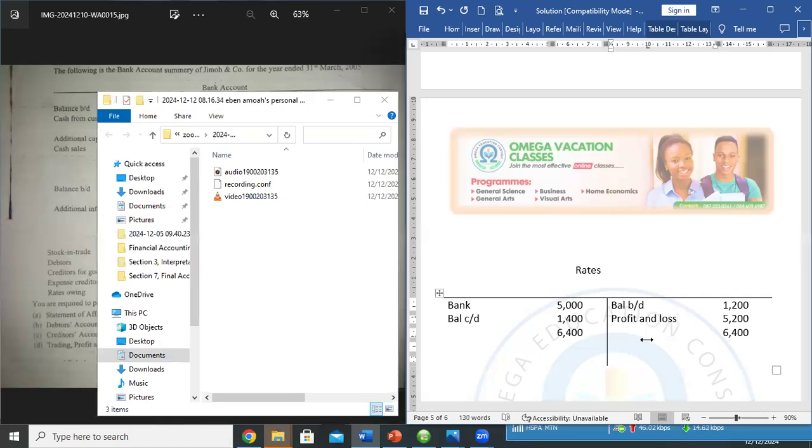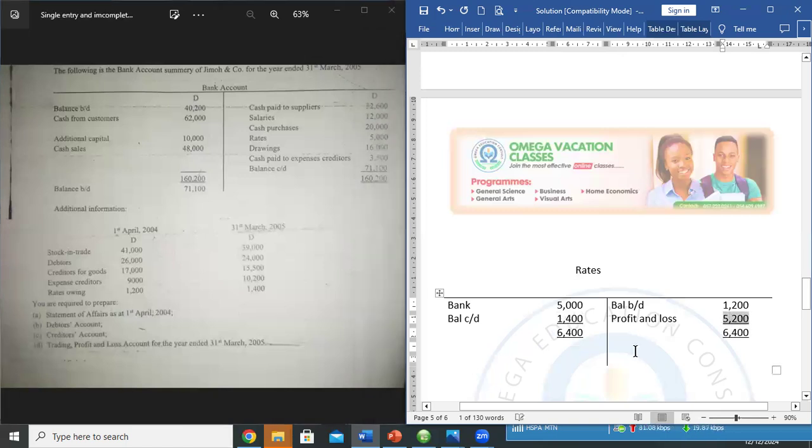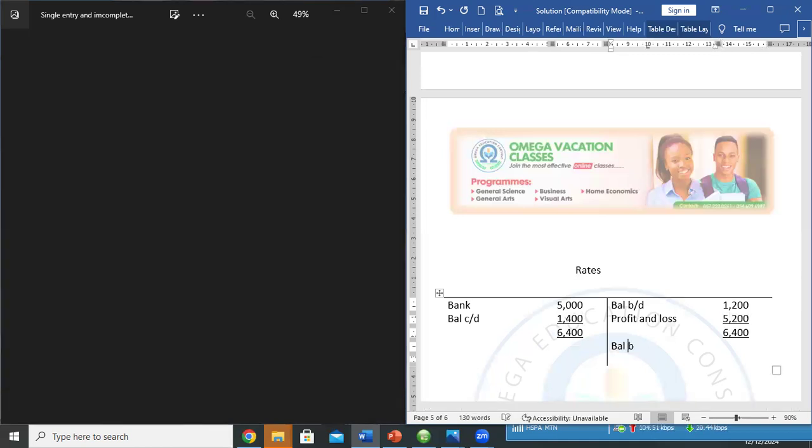Okay, let's finish up the account with the necessary underlining and bringing down the carry down. So balance brought down 1,400.